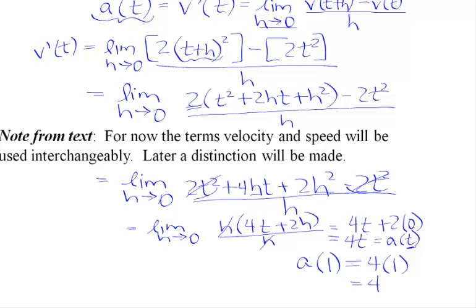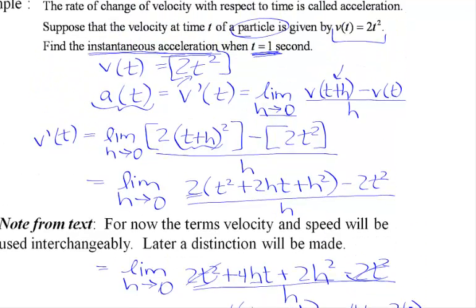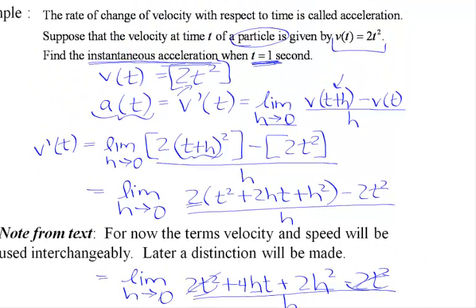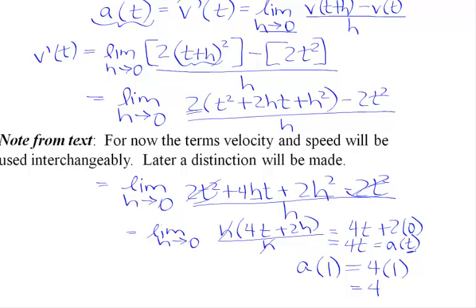And the acceleration here is 4. And if they gave me units, I would need to include the units. It's seconds. They did not tell me whether it was meters or whether it was feet. I don't know what that measure is. So we would just say units per second or per second squared.